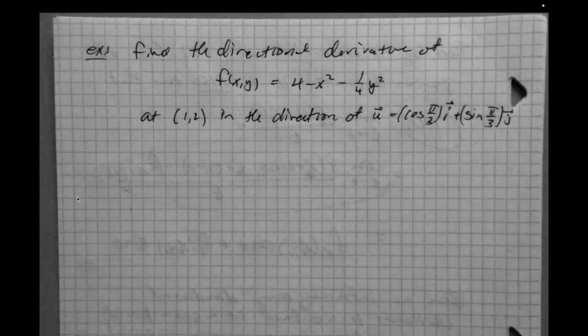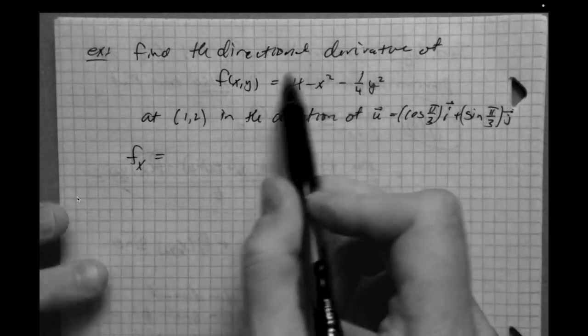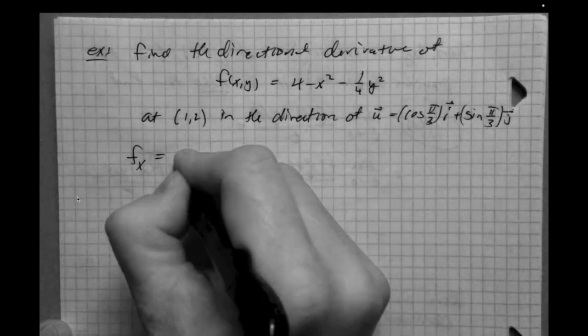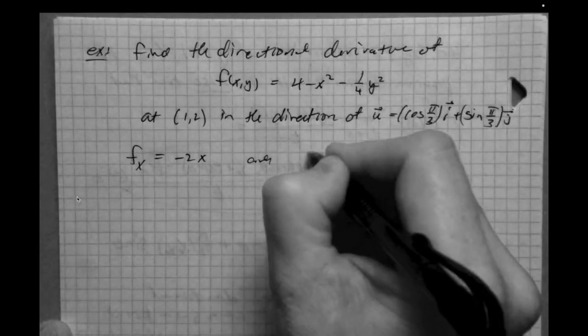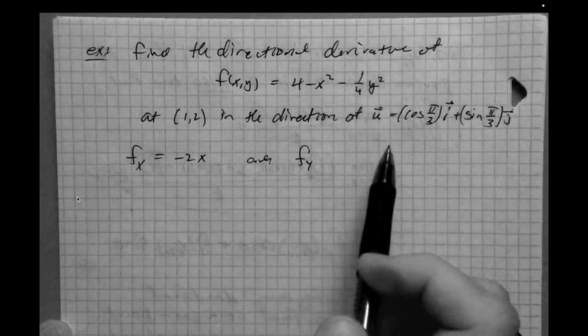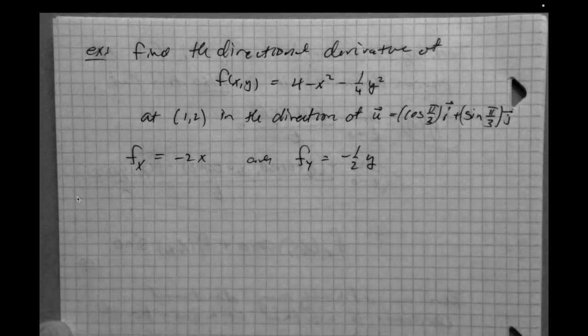And so we can just apply the previous theorem we saw, where we take the partials and combine that with the cos theta, sine theta piece. So we'll need the partials here. f sub x is the partial derivative of this with respect to x, so the constant goes away, and we have minus 2x. For f sub y, the constant goes away and we need the derivative of this, so you get negative 1/2 y.